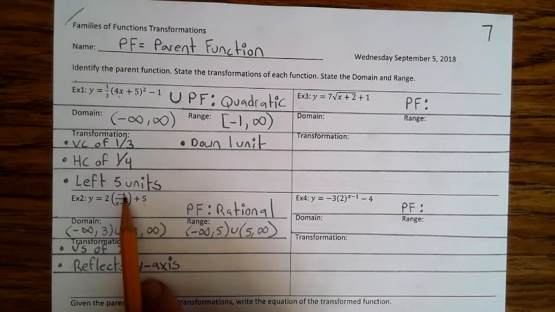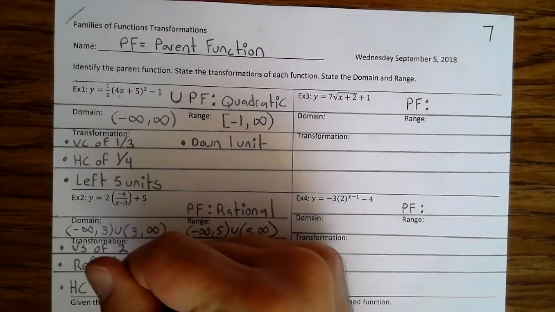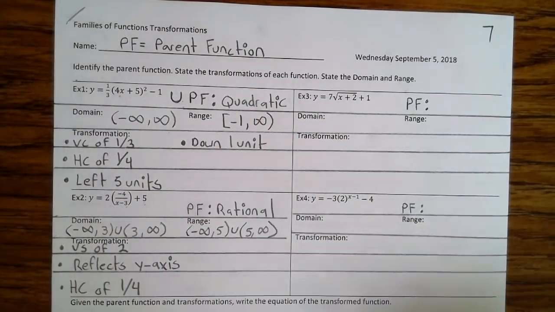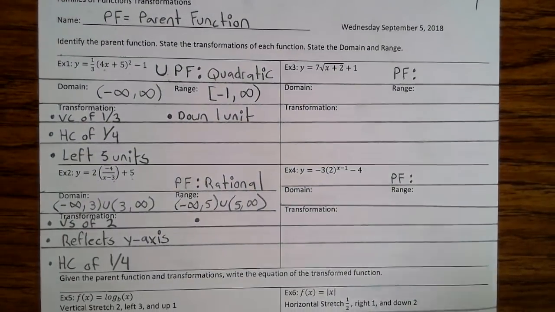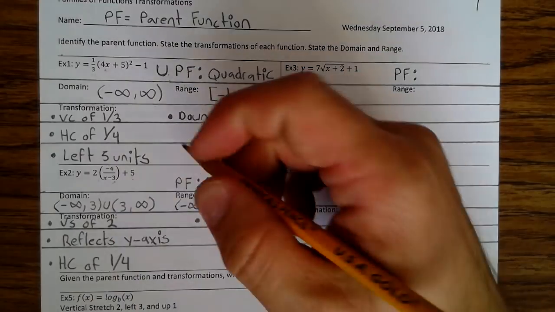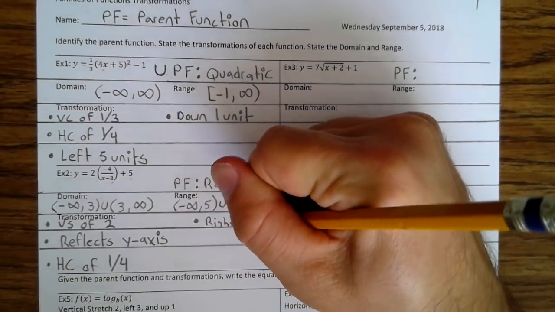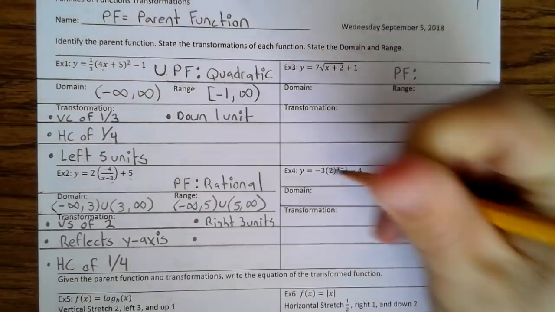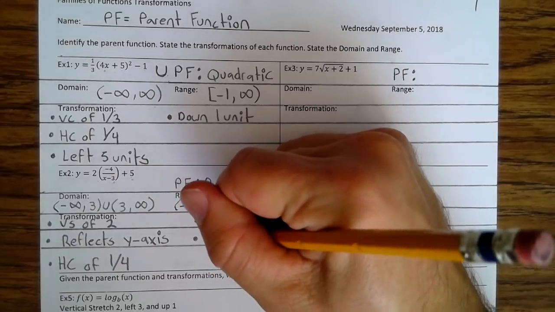And remember, when it's inside, it's opposite. So it's actually a horizontal compression of, it's not 4, of 1/4. It's my least favorite transformation because it's confusing, but it is what it is. And then the minus 3, we do the opposite. So it's not going left, it's going right 3 units. And then last but not least, the plus 5 is up 5 units.